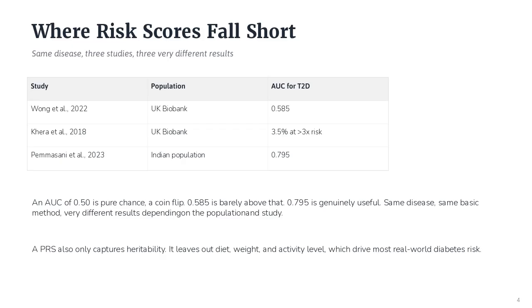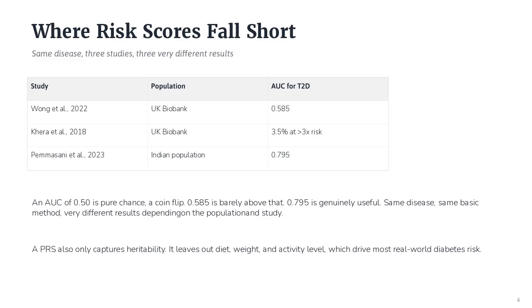And here's the part that doesn't always make it into the headlines, which is 3 different studies looking at type 2 diabetes got 3 pretty different answers. A UK Biobank study from Wong and colleagues found an AUC, or area under curve, of just 0.585, which is barely better than a coin flip at 0.50.